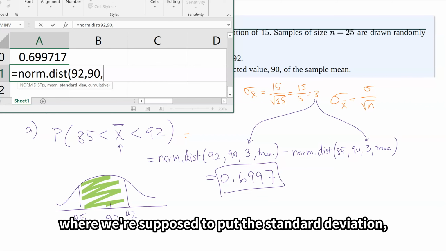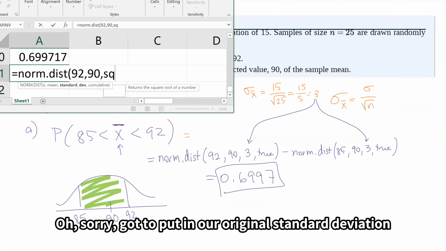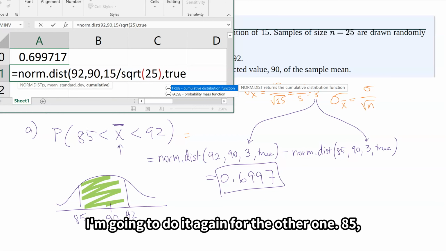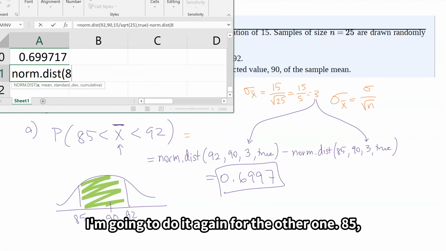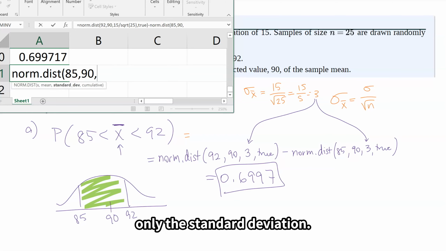Right there where we're supposed to put the standard deviation, we can type in our original standard deviation first, 15, divide by square root, and then put in n. And then we can say true. And I'm going to do it again for the other one. 85, 90 for the mean. The mean does not change, only the standard deviation.